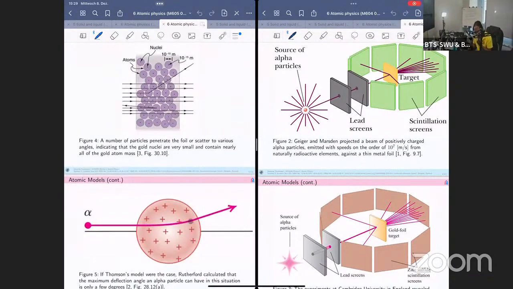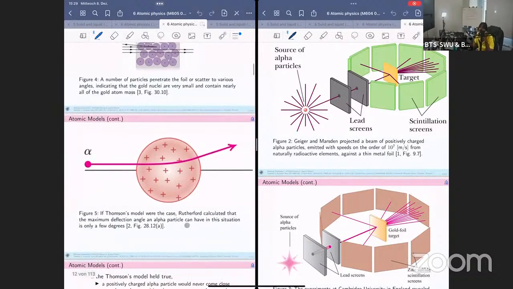And that force will make the movement of the alpha particle go this way. They just change the direction of the alpha particle because there is some force acting on it during this route. And out of the atom, the alpha particle just goes again linearly in a direct way, like this, right?